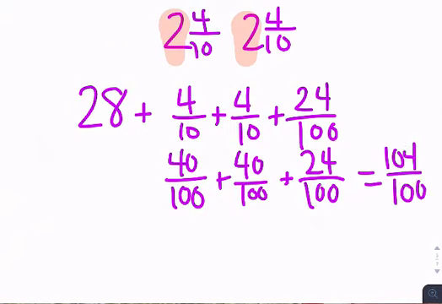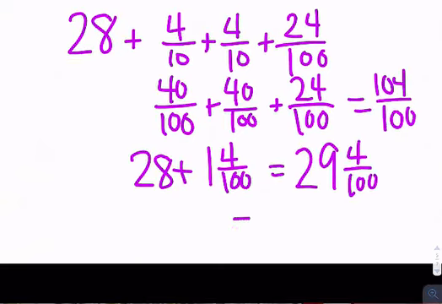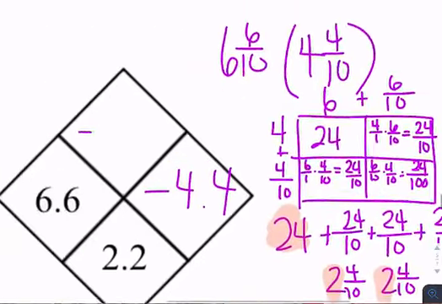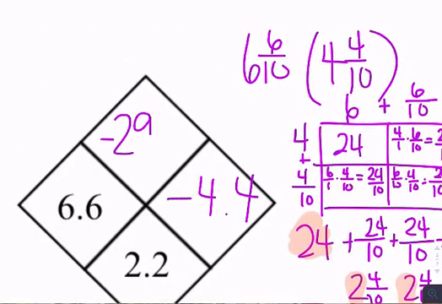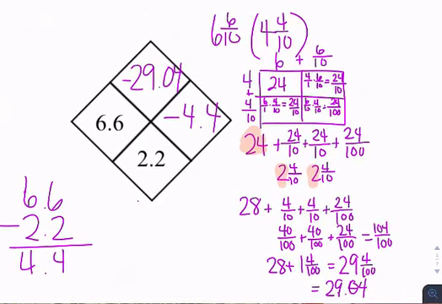So I get 28 plus 1 and 4/100ths, which is 29 and 4/100ths, which is 29.04. So my answer is negative 29 and 4/100ths. Feel free to pause, take a look at what I wrote down, but there's a couple different methods for you.